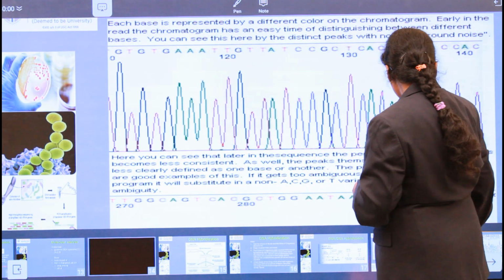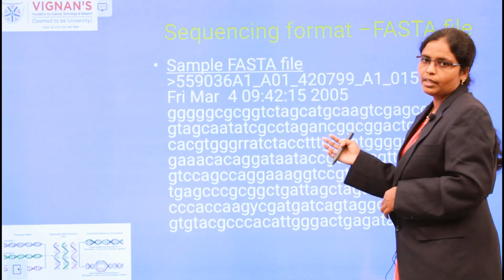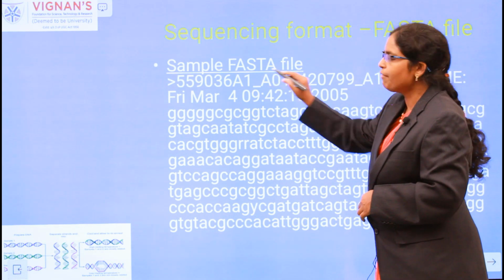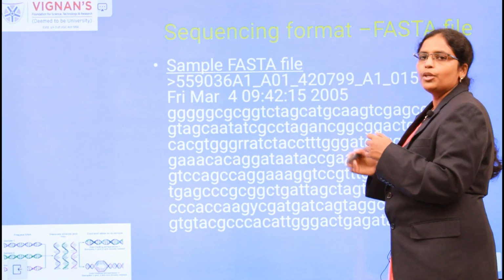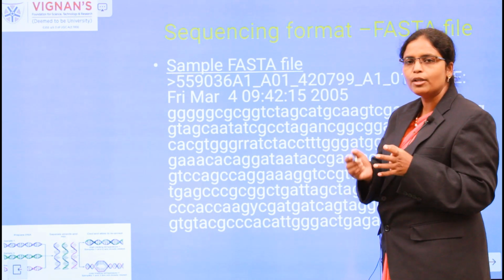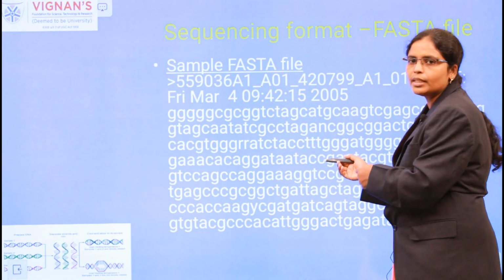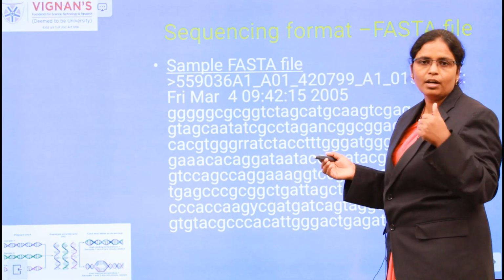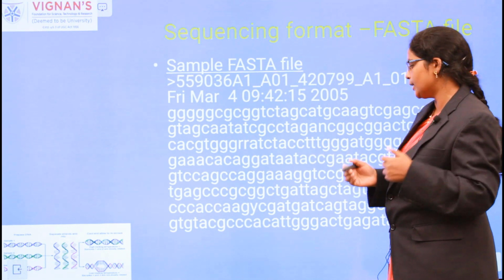So this sequence data like this in the form of FASTA file. So this FASTA file data, using bioinformatic tools, we can identify the phylogenetic relationship of this particular organism with the neighboring organisms or similar group of organisms.